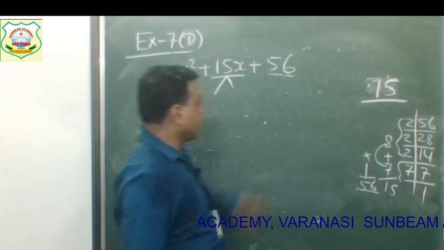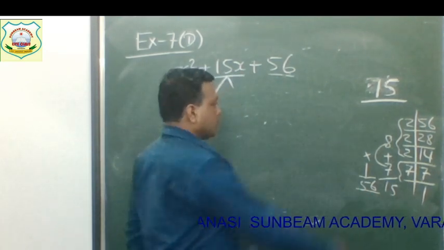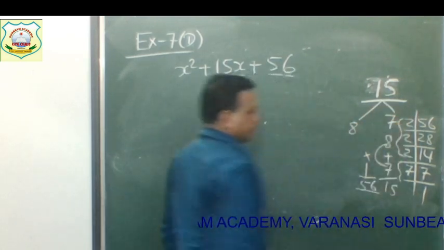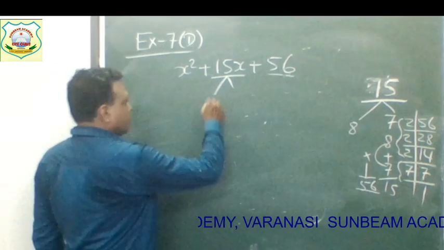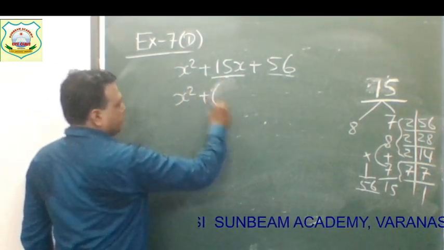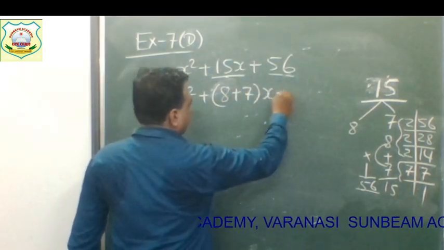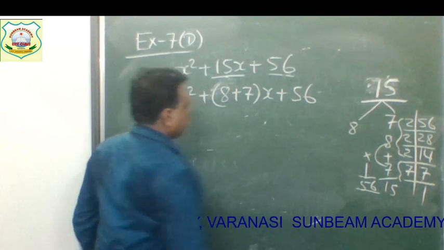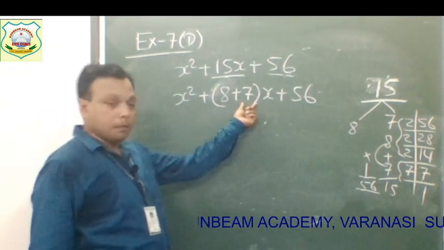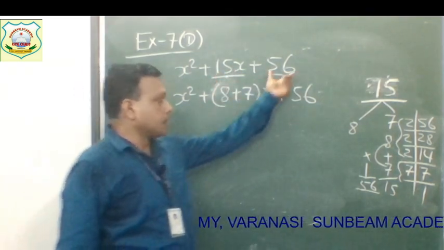So we are getting both values, 56 as well as 15 with plus sign. So 15 will be distributed into two parts, 8 and 7. So what will we write here? x square plus 8 plus 7 x plus 56. 15 is split into 8 plus 7, 8 plus 7 is 15, 8 into 7 is 56.